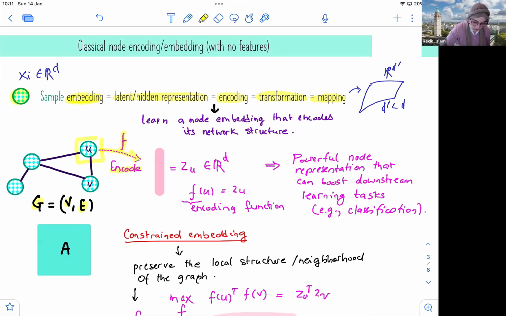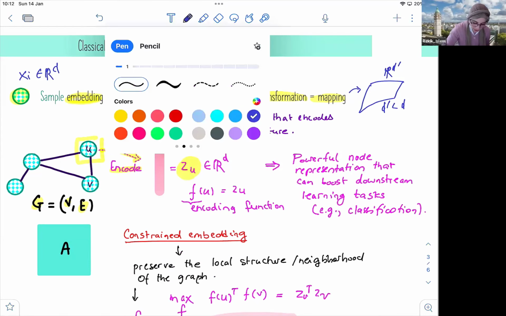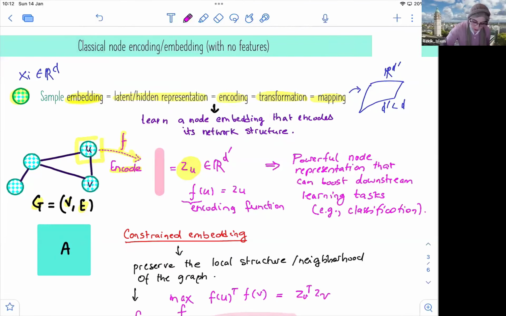So our goal is to learn this z_u, this new latent representation or embedding of node u, and this belongs to R^d prime, all right? So now f is called the encoding function. It maps u onto an embedding z_u, a new feature representation.